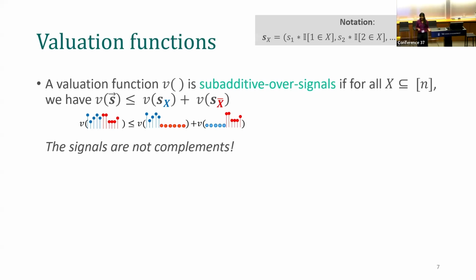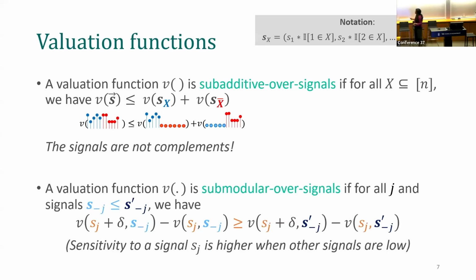This is not really surprising because even in the offline setting with auctions with interdependent values, we need assumptions such as submodularity over signals, which is a strict subset of subadditive valuations, and this assumption of submodularity has been very crucial in providing approximation guarantees in the offline setting as well.